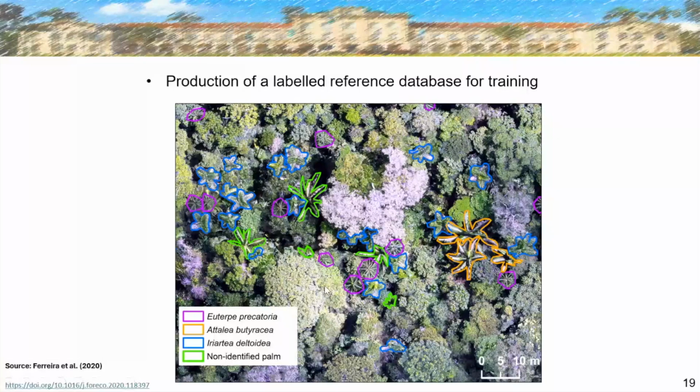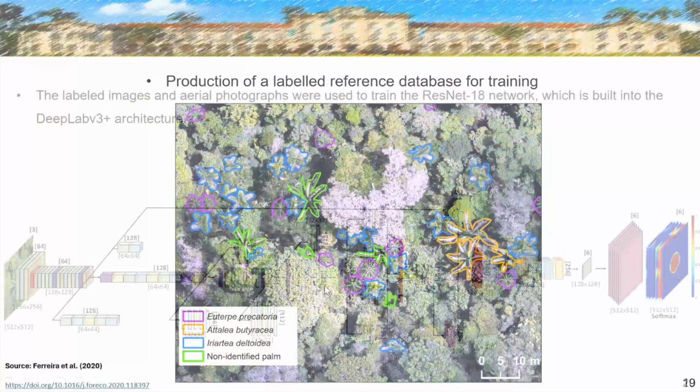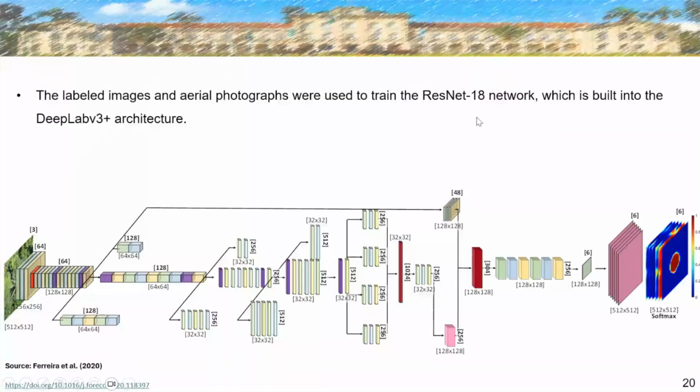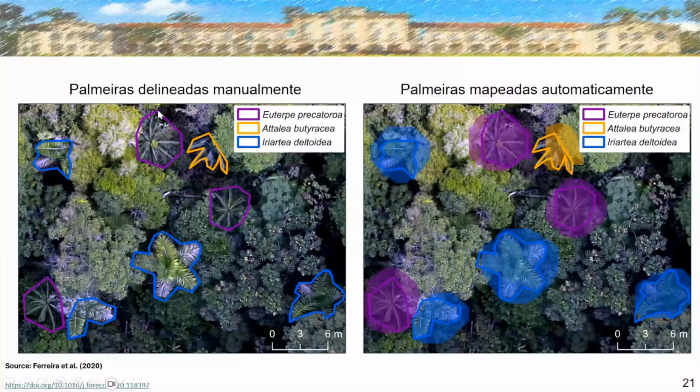And we used the pixels of these trees to train a convolutional neural network. We used ResNet as backbone for feature extraction, and we incorporated this ResNet into the DeepLab v3 Plus architecture for semantic segmentation. And after training and prediction, we have very good results.